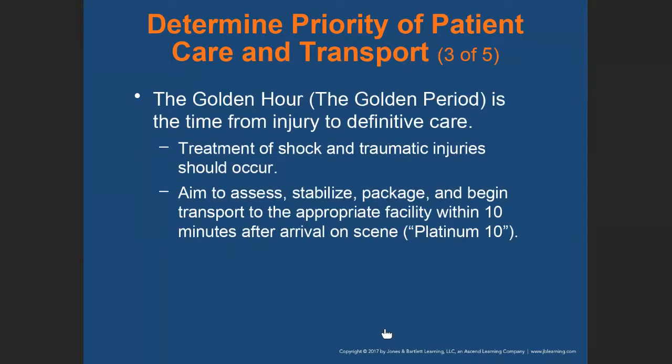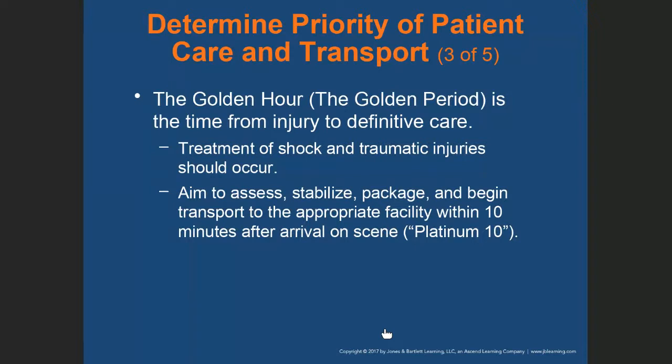Now, in EMS, we have something that is referred to as the golden hour or the golden period. It used to be called the golden hour. It is now referred to as the golden period because there are a lot of circumstances that will have you on a scene for over an hour.